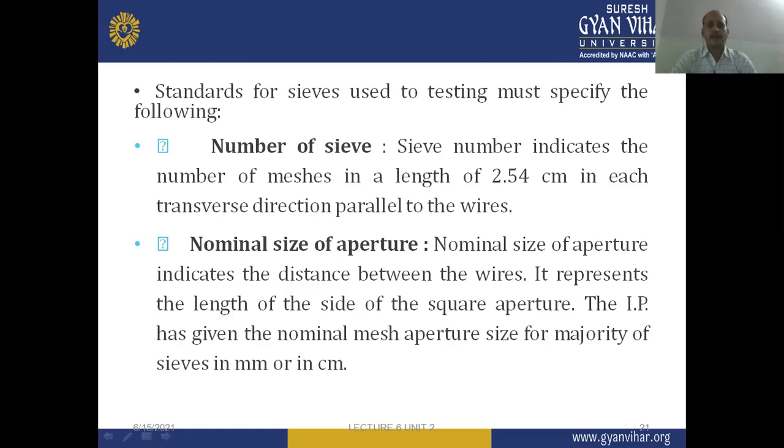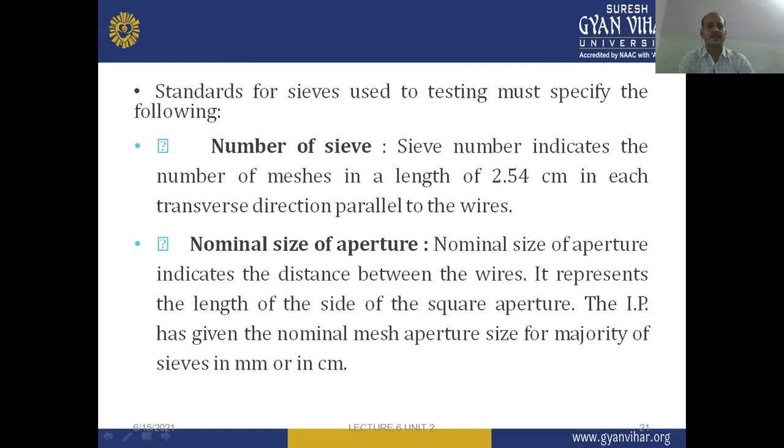Next is the nominal size of aperture. Nominal size of aperture indicates the distance between the wires. It represents the length of the side of the square aperture. The Indian Pharmacopoeia gives the nominal mesh aperture size for the majority of sieves in millimeter or centimeter.